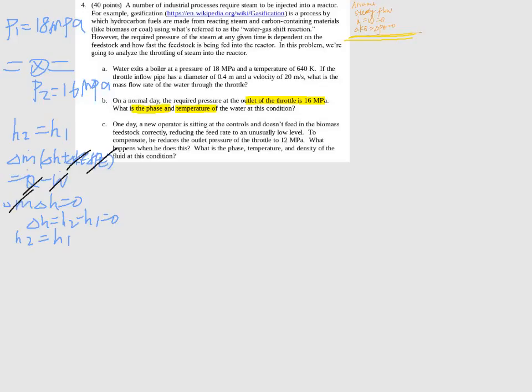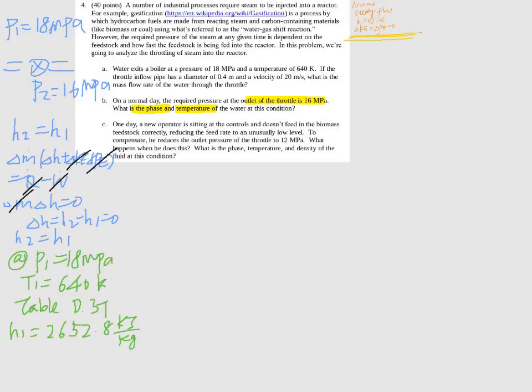So let's try to find out what H2 is. We can't directly find H2, but we can find it from H1, because we know at state 1, P1 is 18 megapascal, and T1 is 640 K. And if you go to table D.3T, you can find that H1 is 2652.8 kilojoule per kg.